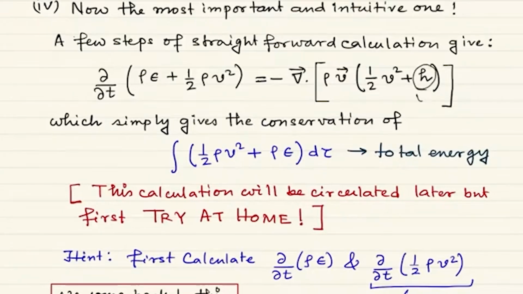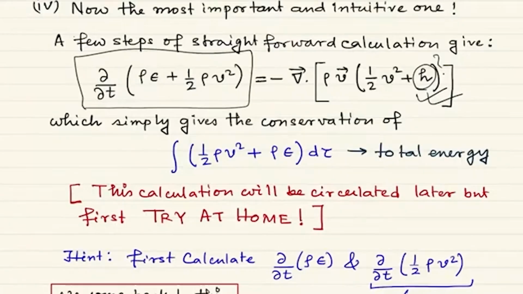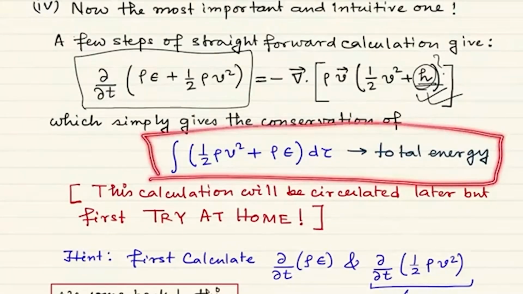That is your task to do. First evaluate this thing and check whether this is equal to some divergence or not. If it is some divergence, then what will be h? If you can show that, then basically you will be able to show the conservation of total energy.